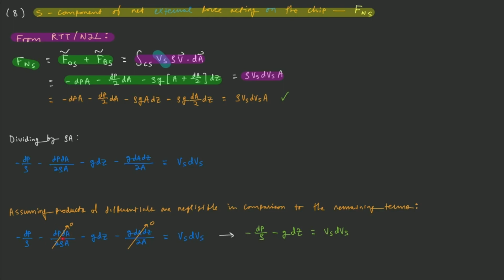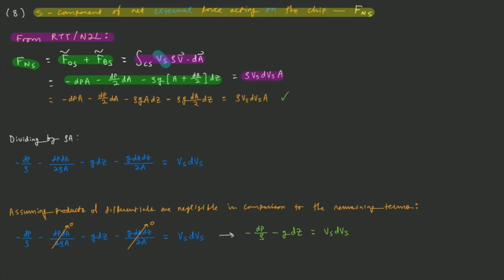That's going to be really small compared to something like negative dP over rho, which only has one differential. So dP goes to 0 very quickly, and dP dA goes to 0 incredibly quickly. If dP is really small, dP dA is incredibly small. So we're essentially saying the product of differentials is negligible in comparison to non-product of differentials.